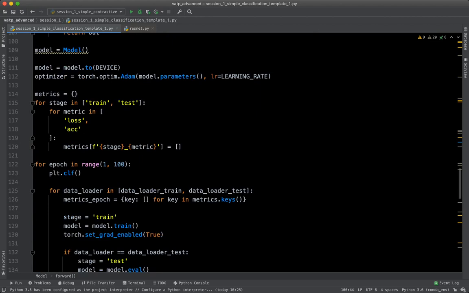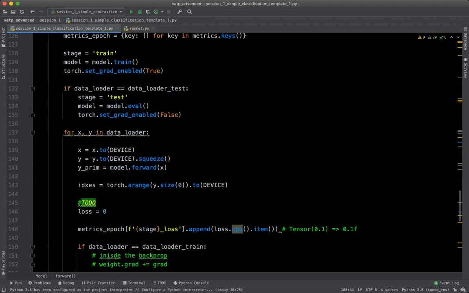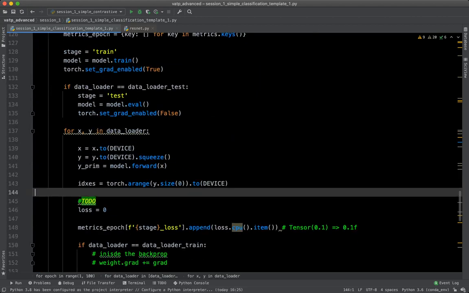Okay, so if we go down to the loss function here, what I want to implement is the cross entropy. So where's my LaTeX stuff? L_CCE is then the minus log of y. No, not y, but y prim of samples that match, basically.